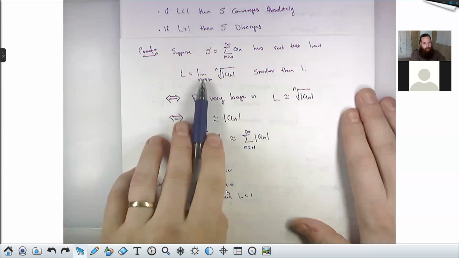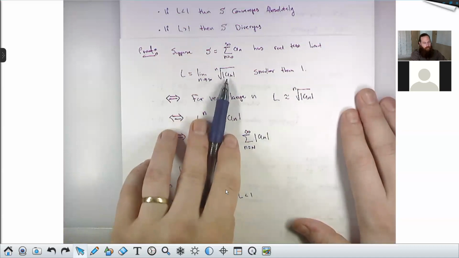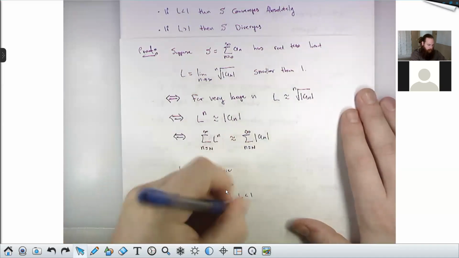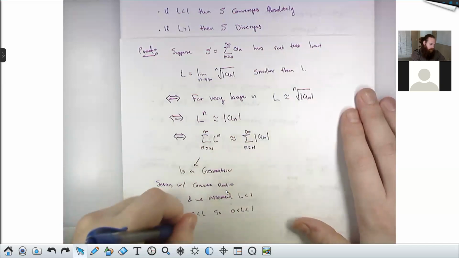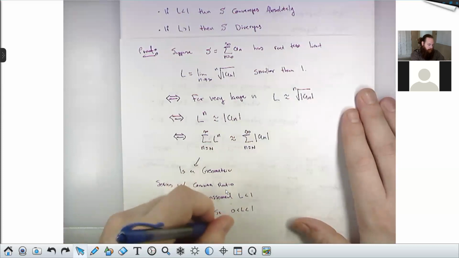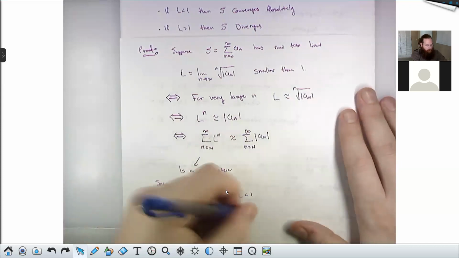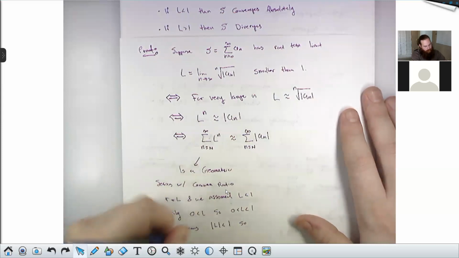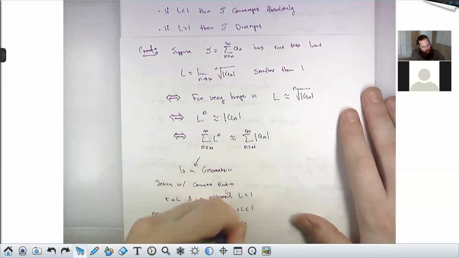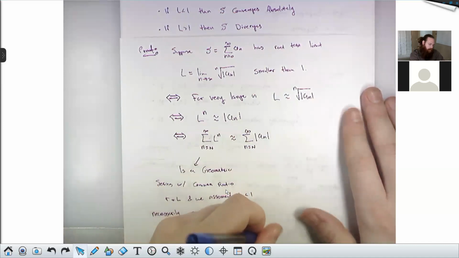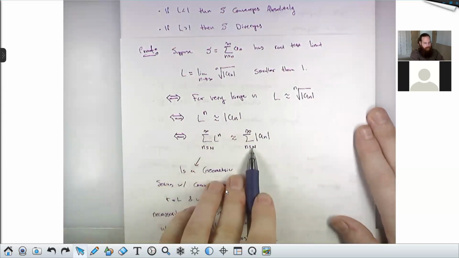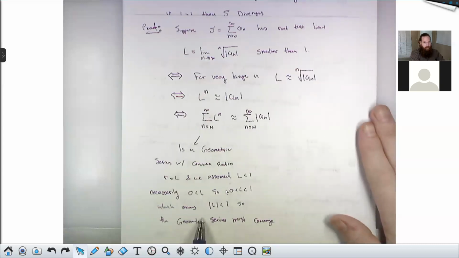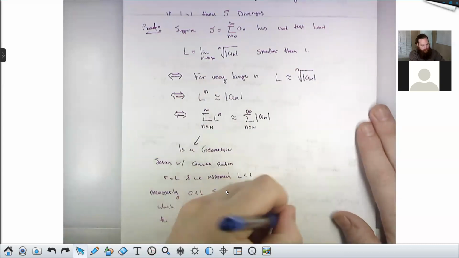L is a limit of an nth root of an absolute value. So 0 is less than L is less than 1, which means the absolute value of L is less than 1. So the geometric series converges. Since this guy is approximately equal to this guy, and this guy has to converge, this guy has to converge.